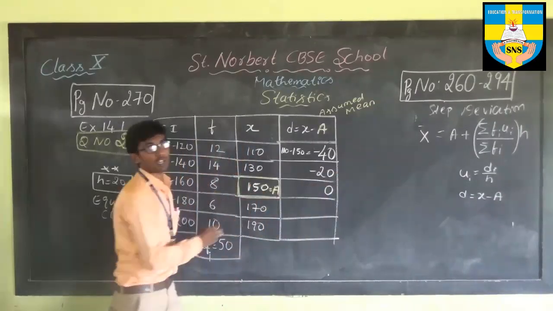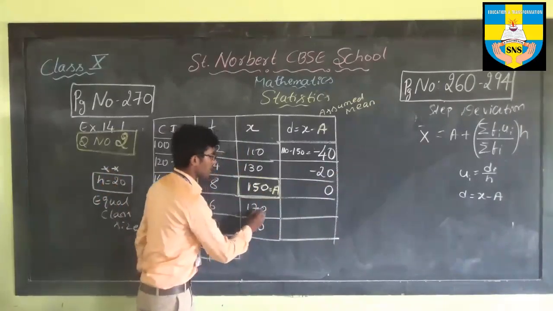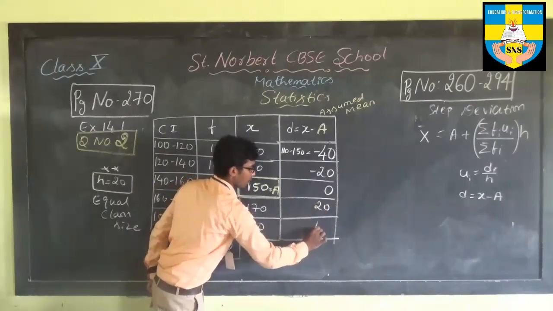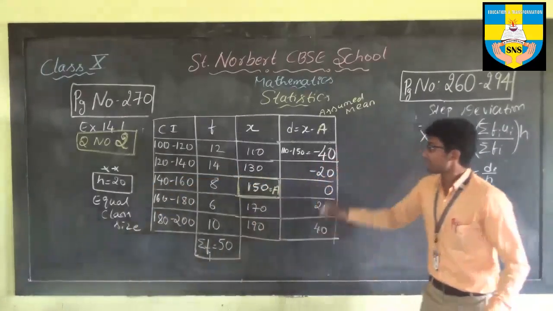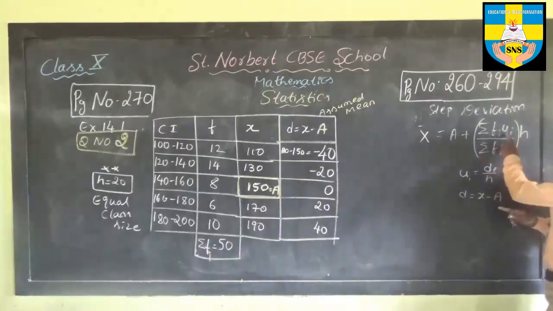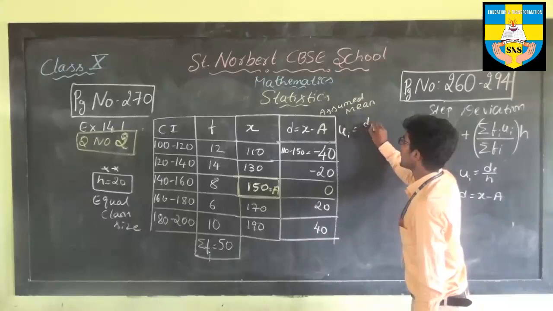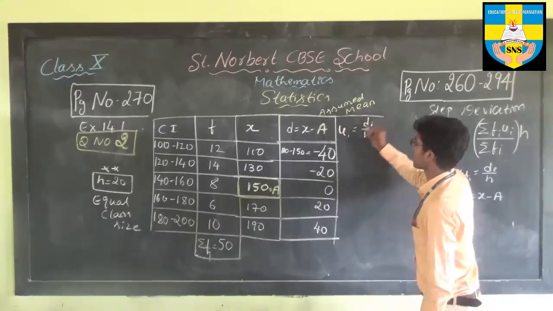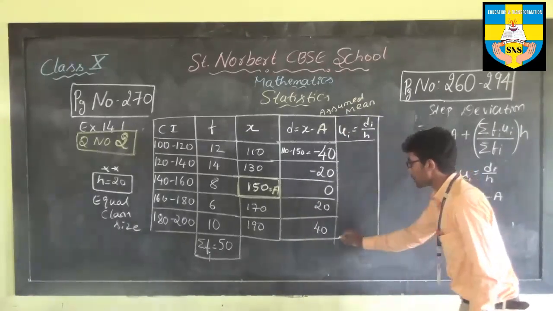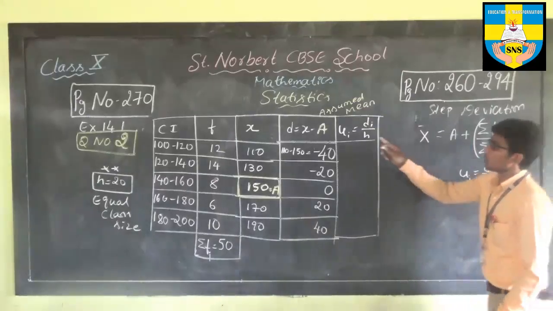Here 150 minus 150 is again 0. 170 minus 150 is 20, and then 40. Then the formula says ui. How to calculate u? u is nothing but di divided by h. If I want di divided by h, what is h?